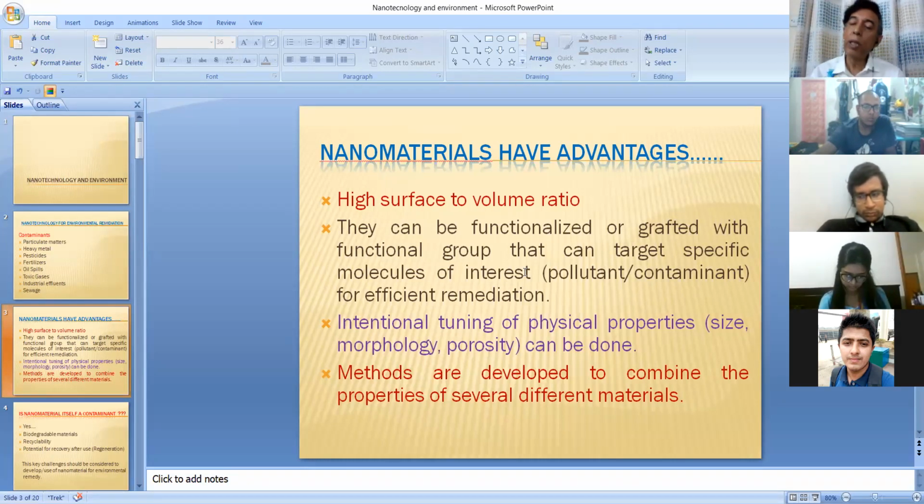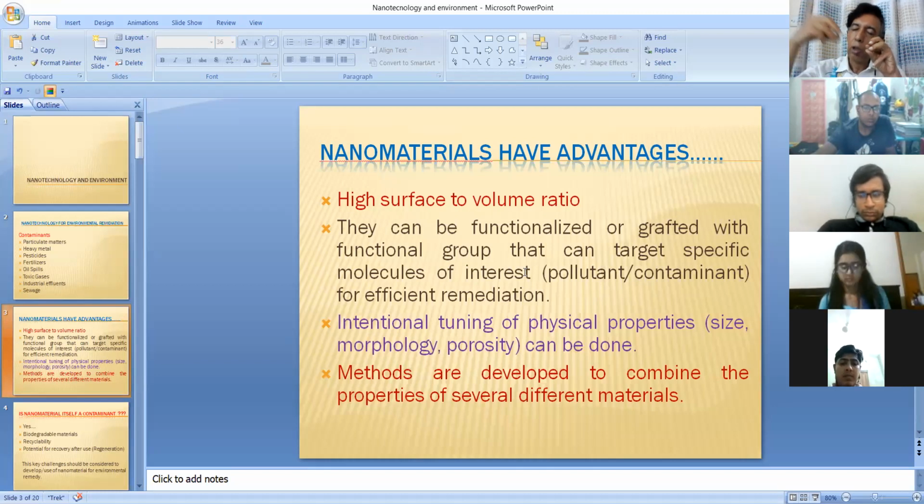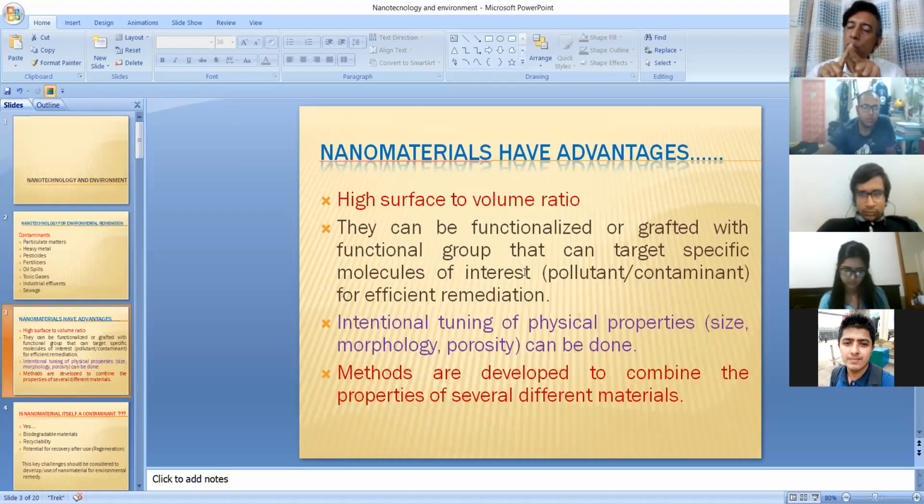Then what will happen? This NH2 group will donate its electron pair to the copper atom and form a coordination compound with copper. Then this iron nanomaterial is attached to your copper by means of the NH2 group.